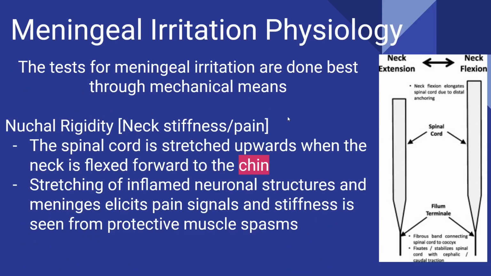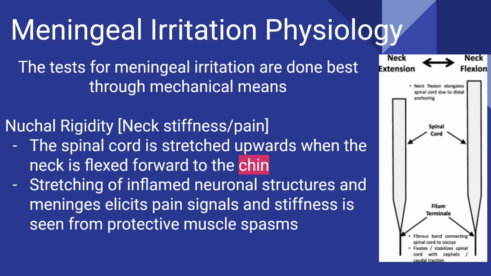So when we're trying to examine if a patient has meningitis or not, we can use a lot of confirmation through mechanical means. We can confirm or potentially guide our diagnoses by using physical tests of the spinal cord and pain response. So naturally, if you look on the right, the spinal cord is connected to your brain, and it's tethered down at the bottom of your tailbone.